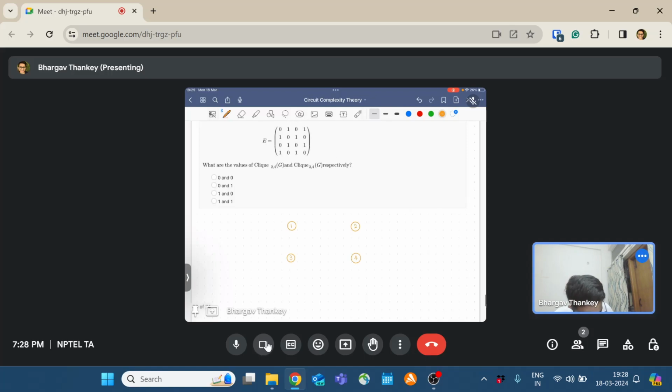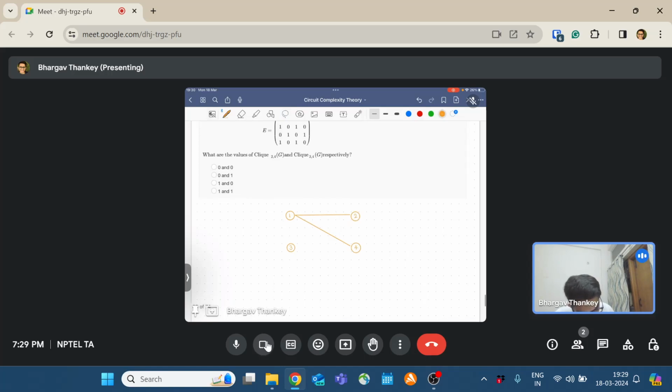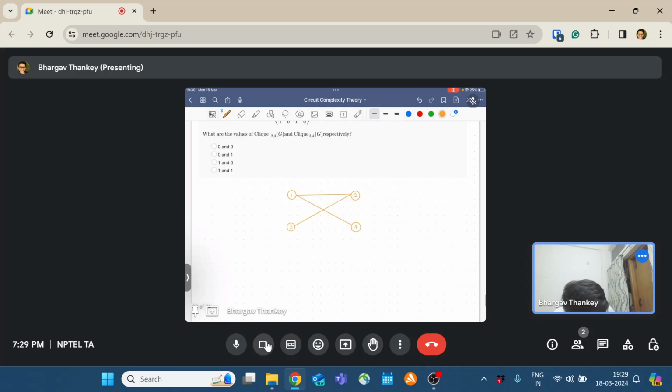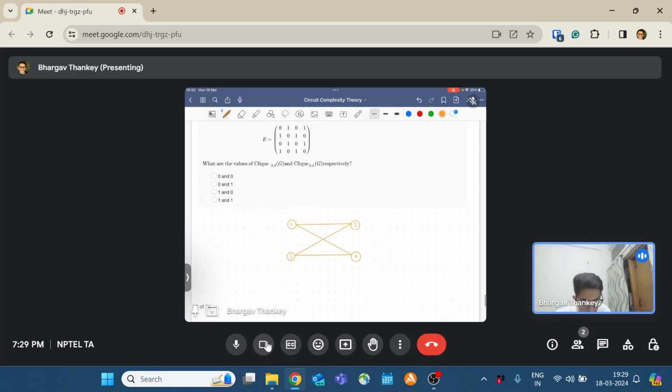So 1 has edges with 2 and 4. 2 has edges with 1 and 3. 3 has edges with 2 and 4. And 4 has edges with 1 and 3. Okay, so this is the graph.